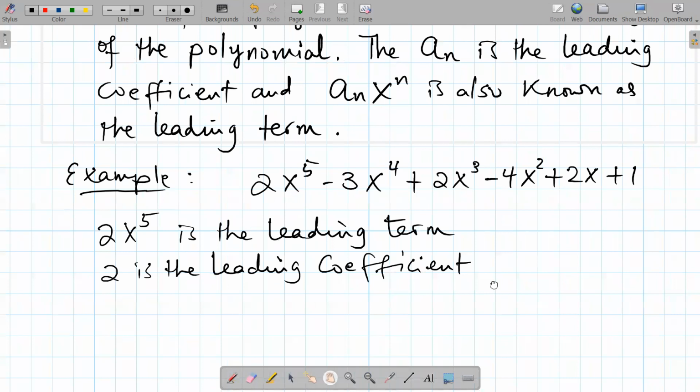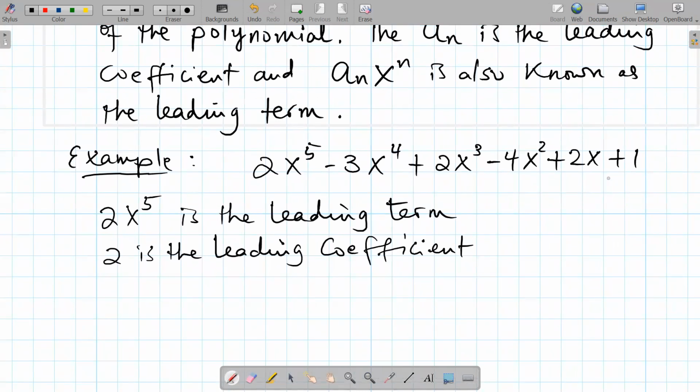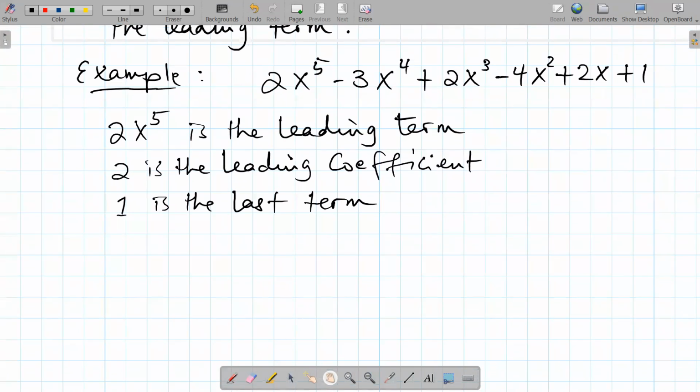And the 1 here, this last term, is the constant term. Okay, so basically this is a typical example of a polynomial.